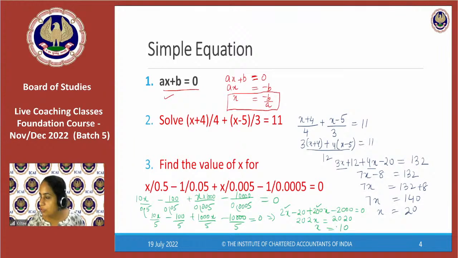Oh, I've got so many 20s. Yes, I'm getting Shruti's correct answer. So 20 you might be giving me for the second question. Right, x is equal to 20 is for the second one and x is equal to 10 is for the third one. Correct. Absolutely correct.